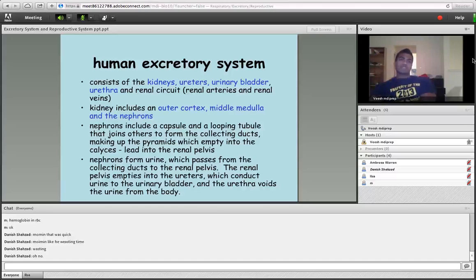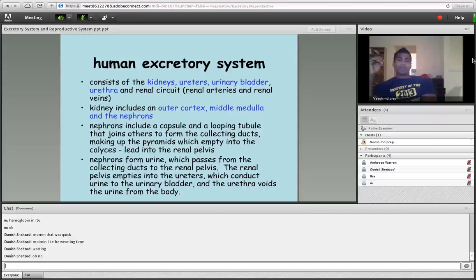So the kidney itself, it includes an outer cortex, a middle medulla, and the nephrons. So the nephrons specifically, those are the functional units of the kidney, and they consist of different parts as well, such as the glomerulus, the Bowman's capsule, the proximal tubule, the loop of Henle, the distal tubule, and the collecting duct.